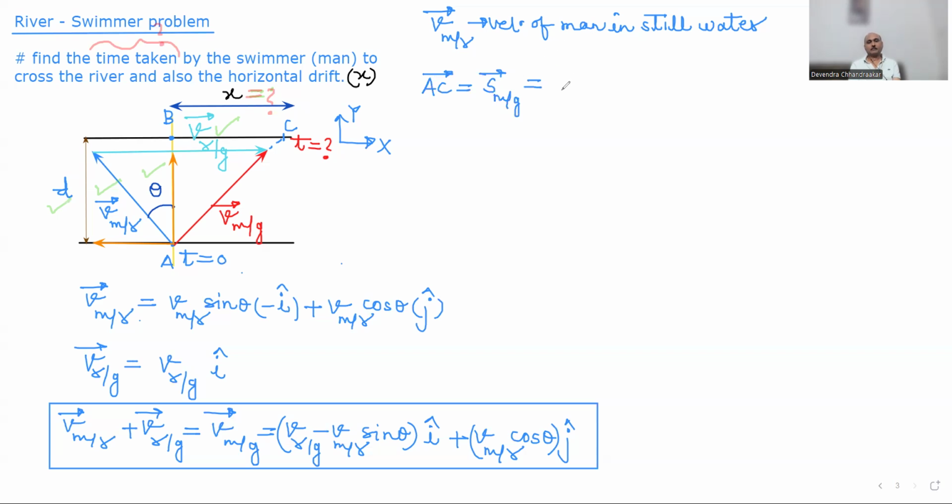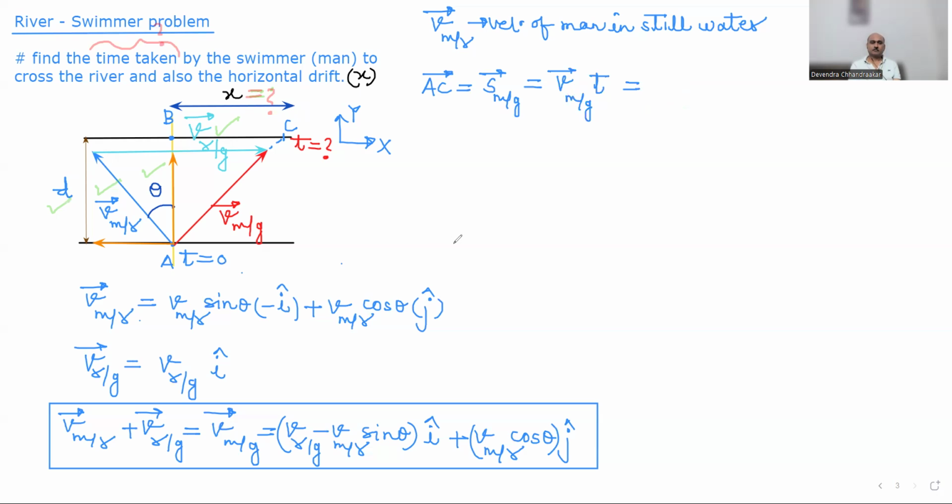So this is VRG minus VMR sine theta, or I should write it as VMG into time, isn't it?